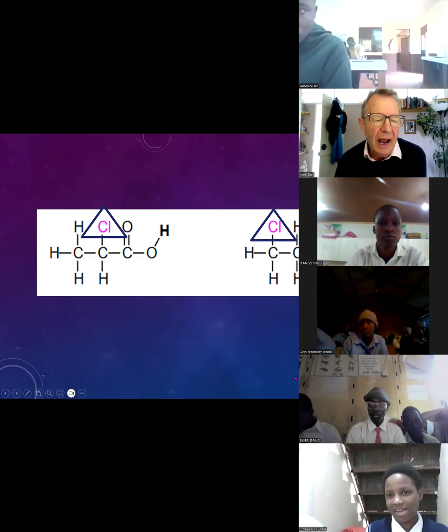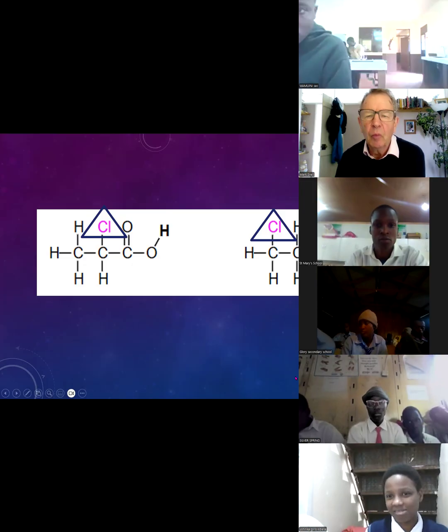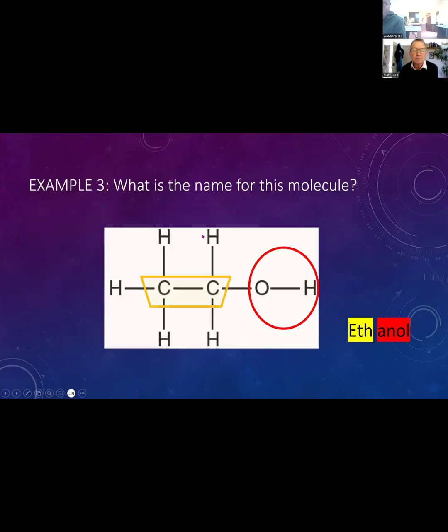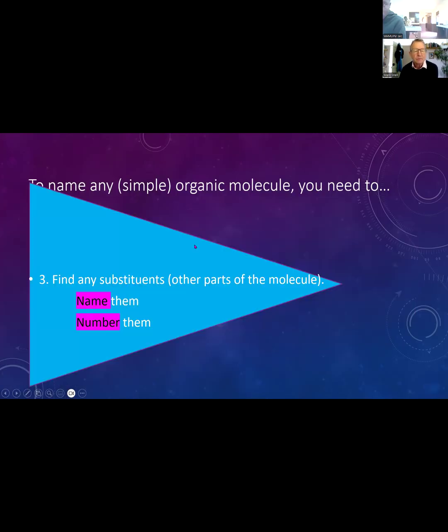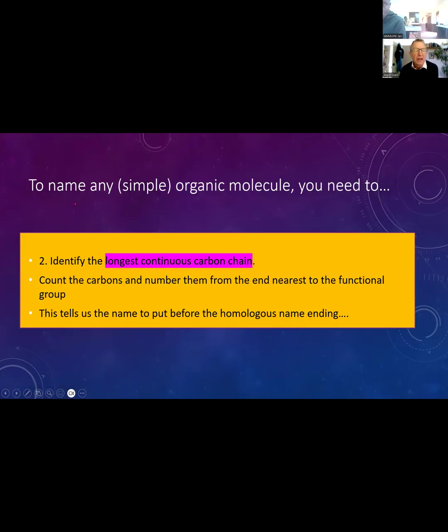I'm going to go back to one of my naming points right at the beginning here. In the longest carbon chain, you count the carbons and you number them from the end nearest to the functional group. So when the functional group is on there, you have to number from there.